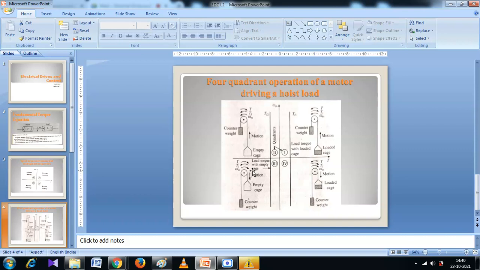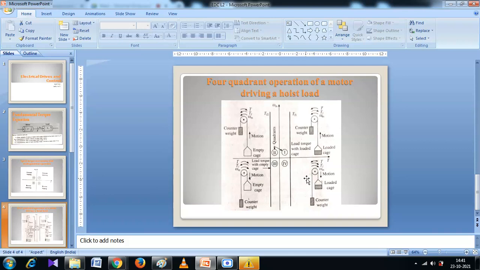Now the developed torque and the speed both are negative. Then what is the sign of power? Positive. That means this is reverse motoring, because the power is positive, so the motoring action will happen, but the direction of rotation is reversed with respect to the first quadrant. So this operation is called reverse motoring.